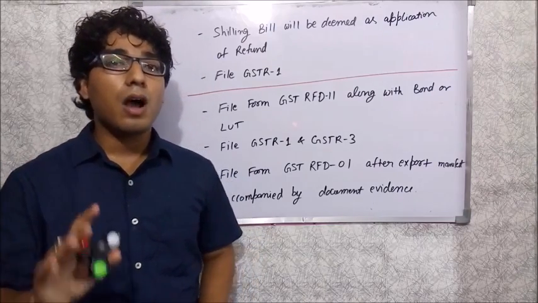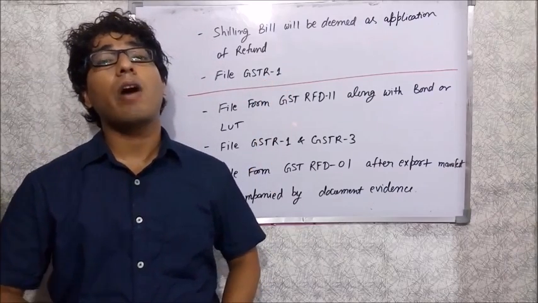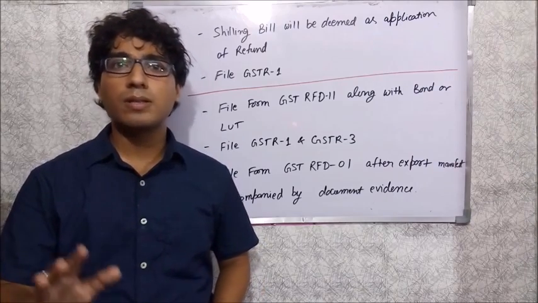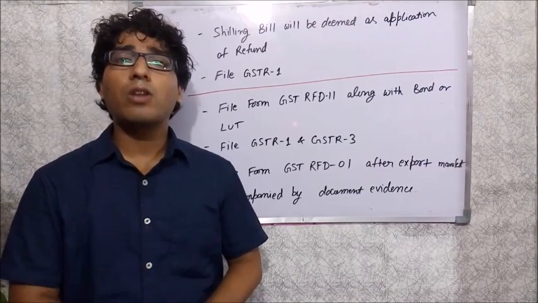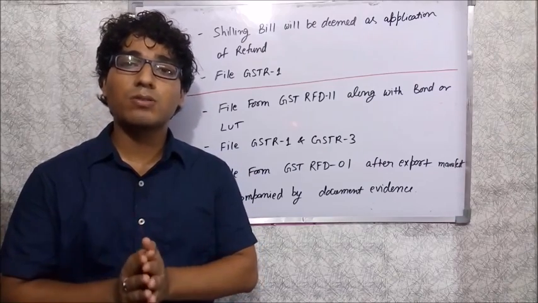Also, when you file GSTR 1, which is regarding the details of outward supply, you have to mention your export turnover in table number 6 of GSTR 1.